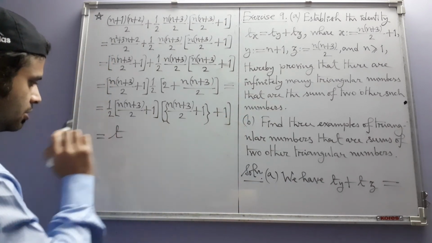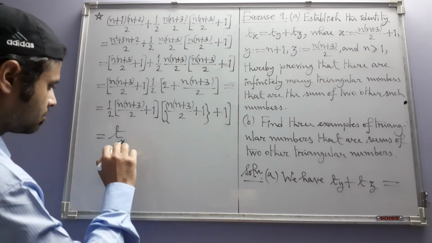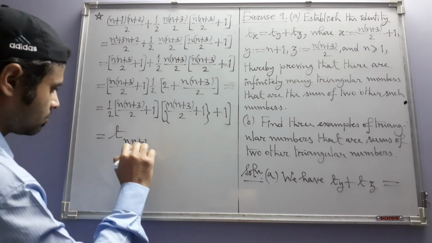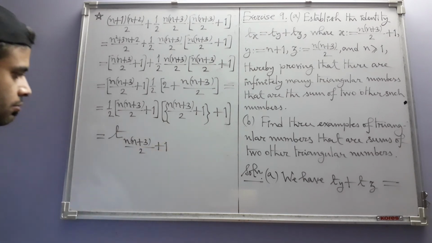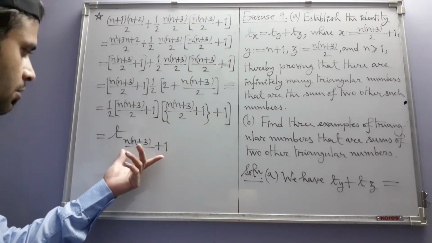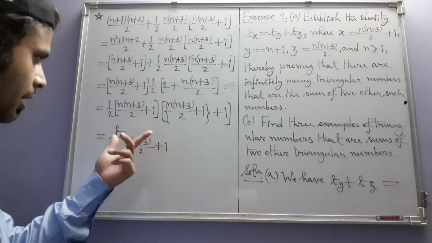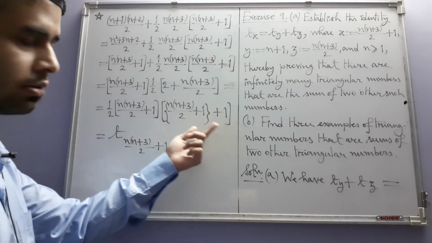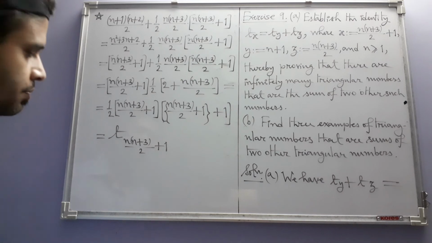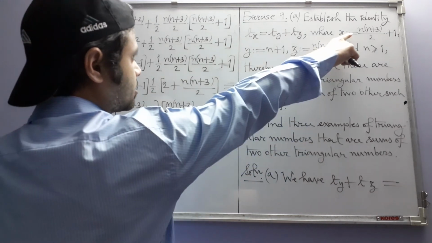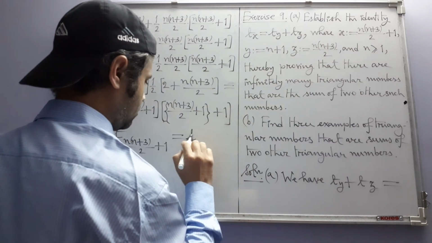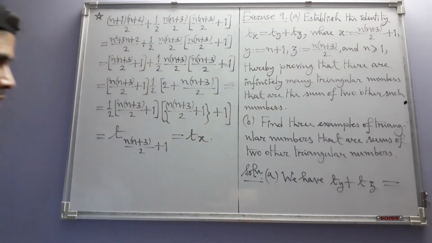Now this is this times this plus 1 divided by 2, so that is Tx. So this is our part A.